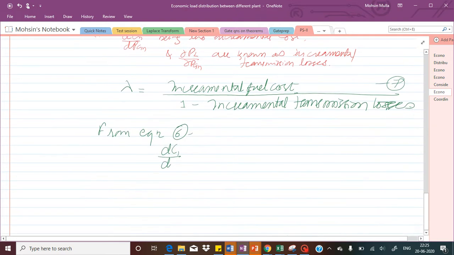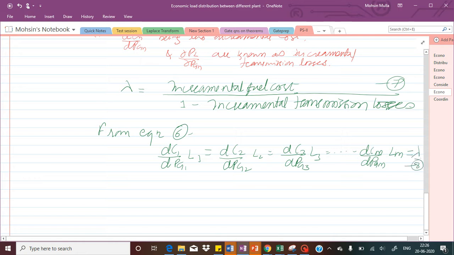Likewise for the first generating station we can write dC1 divided by dPg1 into L1, which should be equal to dC2 divided by dPg2 into L2, which will be equal to dC3 divided by dPg3 into L3, and this will continue up to the last term dCm divided by dPgm into Lm, and this value will be equal to lambda. This is equation number 8.